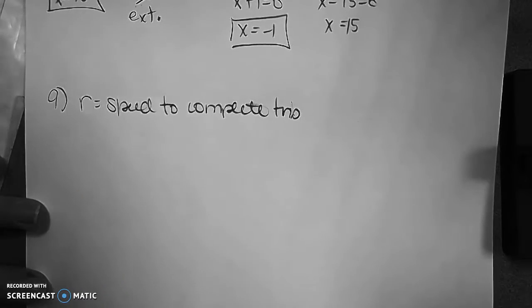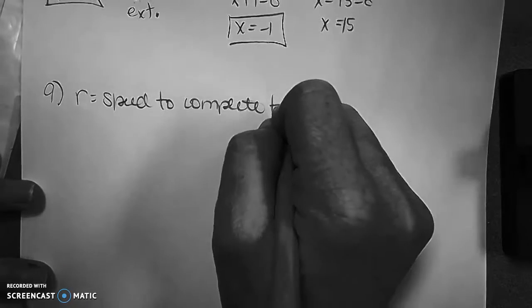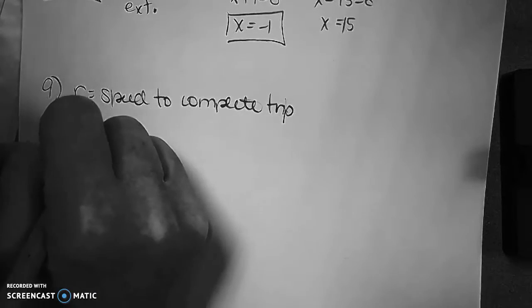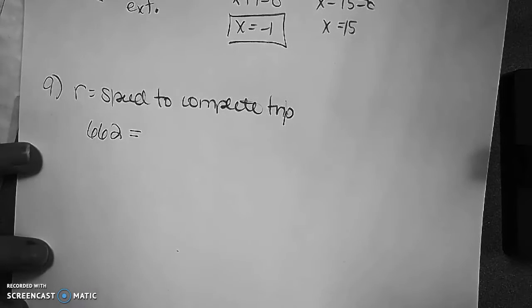Next, I'm looking at number 9. In number 9, we're looking for how long it would take Zach to complete the rest of his trip. So that's why I have R as the speed to complete the trip. If I look at it, I know the total distance is 662. I see that for 5 hours of the trip, he drives 55 miles per hour.